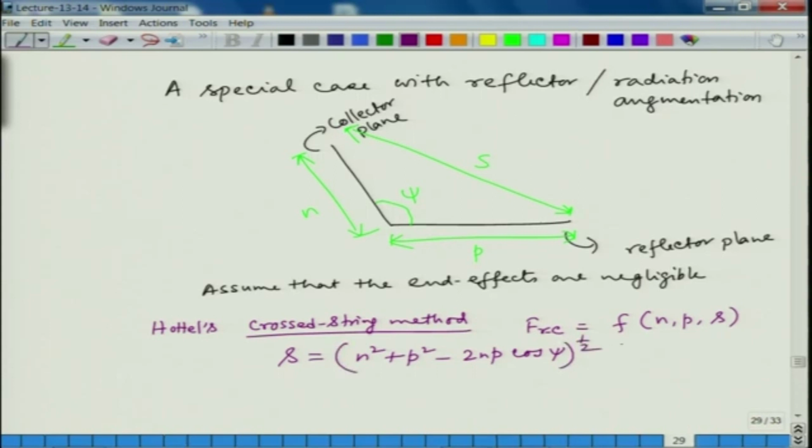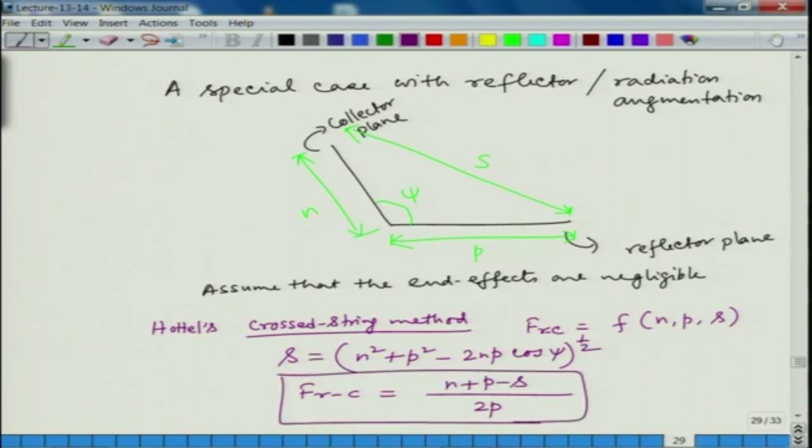This is a pure geometry problem, you can find this out by yourself. S will be n square plus p square minus 2 n p cos psi, whole to the power half, that means square root. And when we have S, then FRC will be nothing but n plus p minus S divided by 2p.